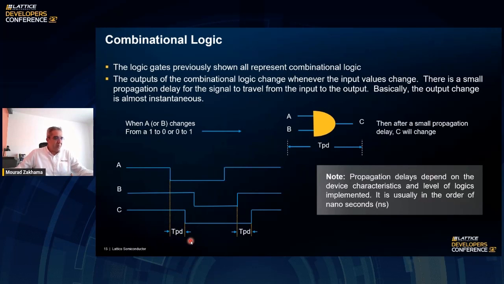Propagation delays depend on the device characteristics and the level of logic implemented. It is usually in the order of nanoseconds. Every device will have a different propagation delay, depending on the technology that is used and the number of levels of logic that you may have in the design.